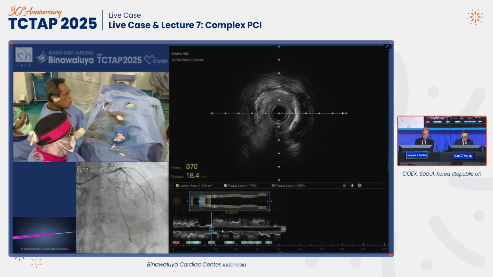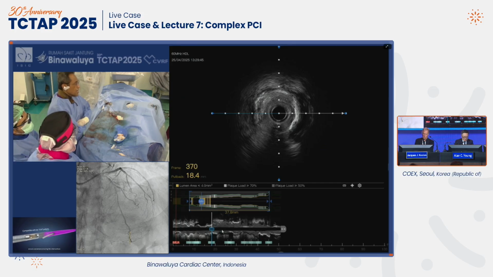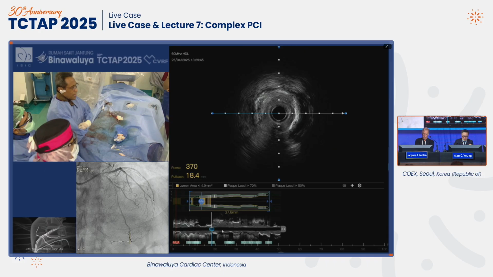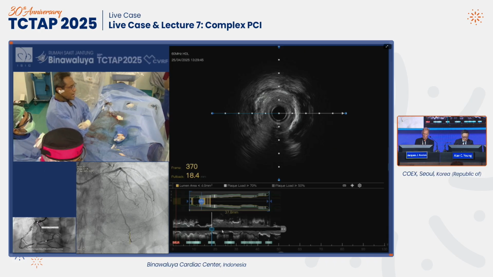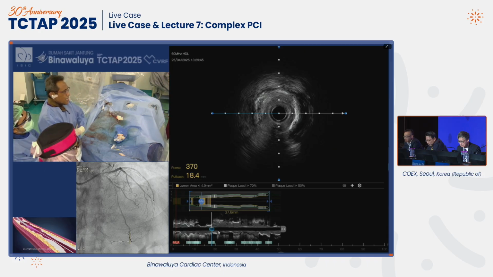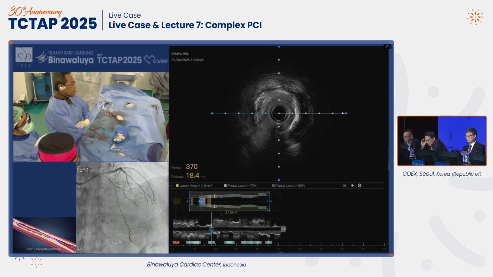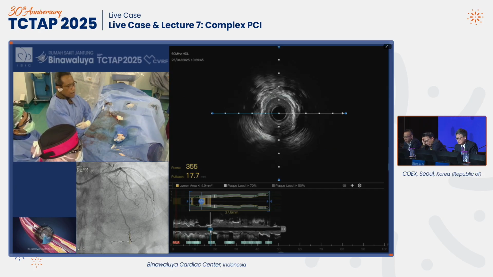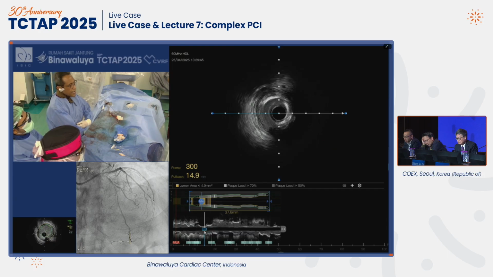So we could use one single stent, but I don't know whether any stent can expand maximally from 2.5 to 5.5. So our plan is actually to put 2 stents in.